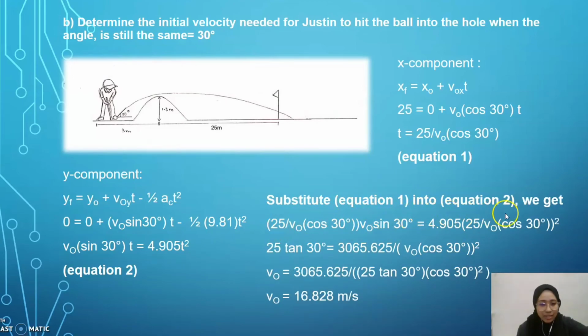We do some calculation, and at the end we get v0 equal to 16.828 meter per second. So this is the initial velocity that Justin needs to hit in order to get the ball into the hole, besides increasing the angle in question 3a.